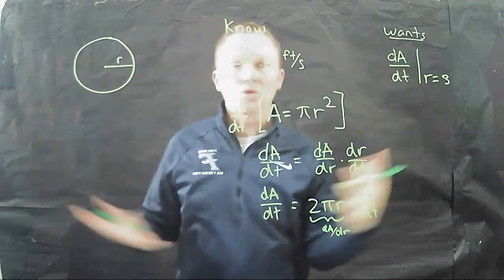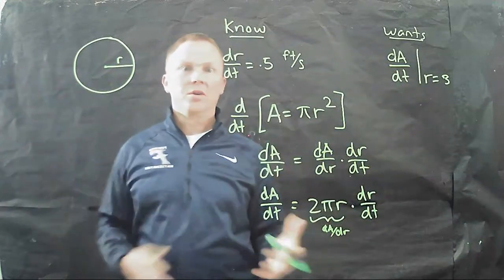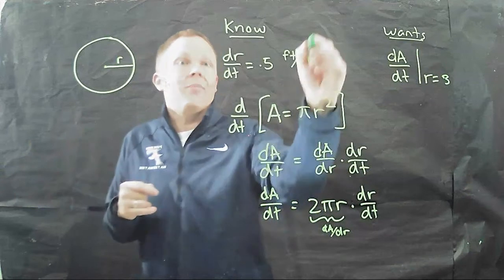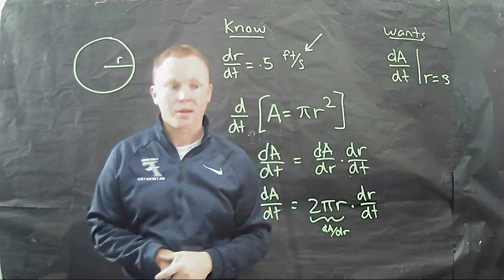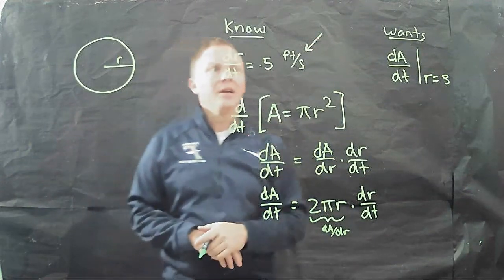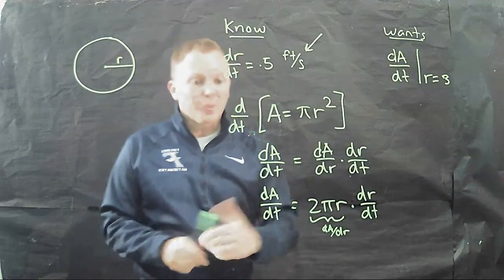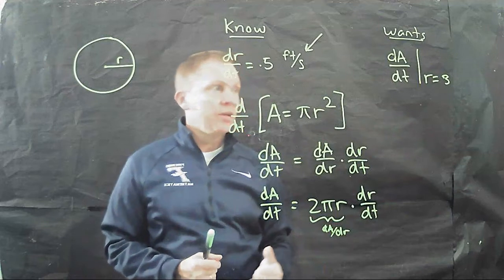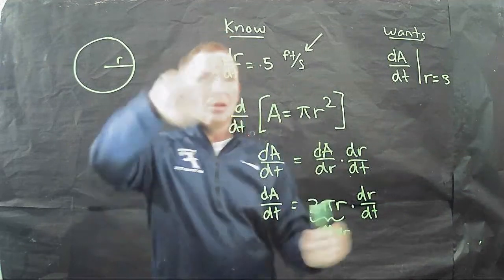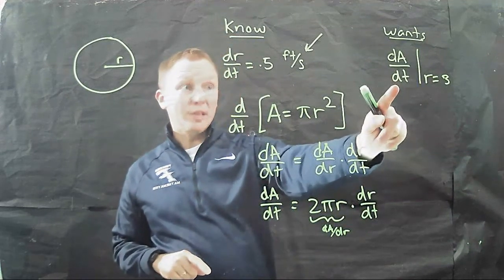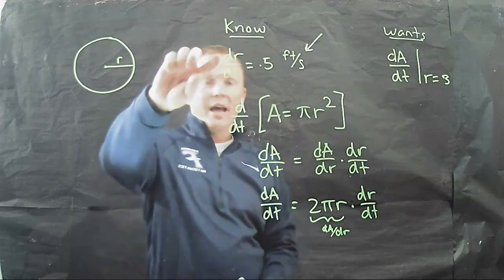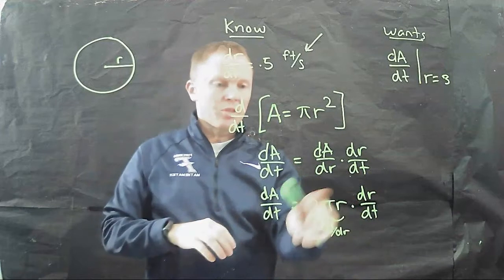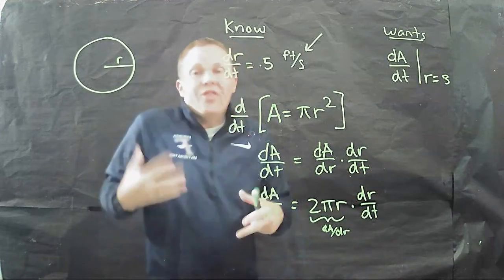Notice that time is nowhere mentioned here. There are no t's anywhere. The only place that involves time was that initial rate we were given. And so now I've got this expression, dA/dt equals 2 pi r times dr/dt. This has the variable I want in it right here. It has the variable that I know in it right here. And there's also some other stuff here.